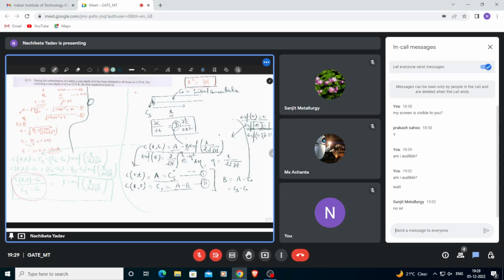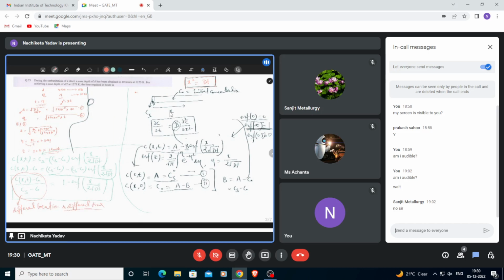With this we can find out the solute concentration at different locations, we can say different depths and different times. So here the carburized case depth is being asked.